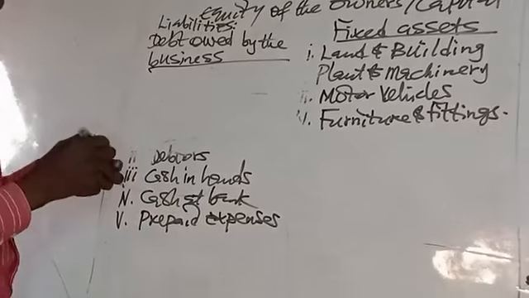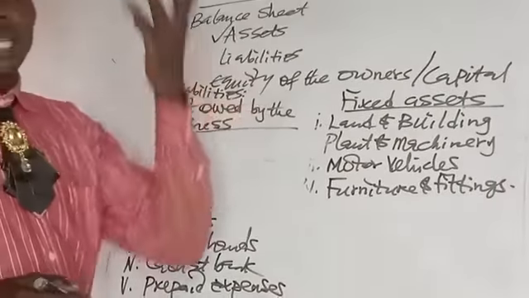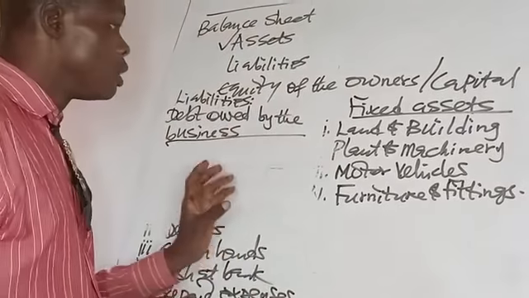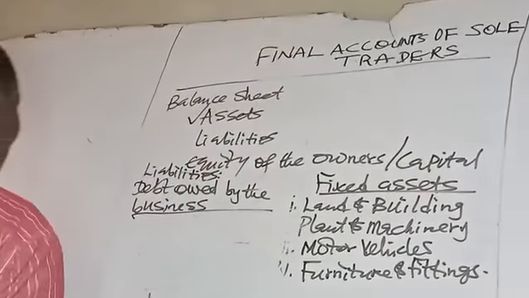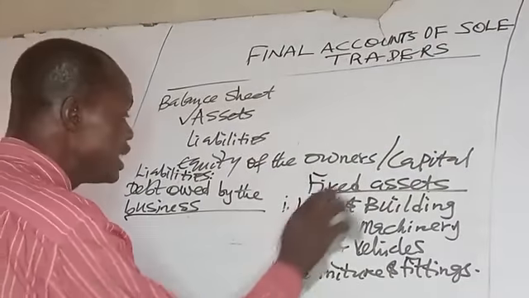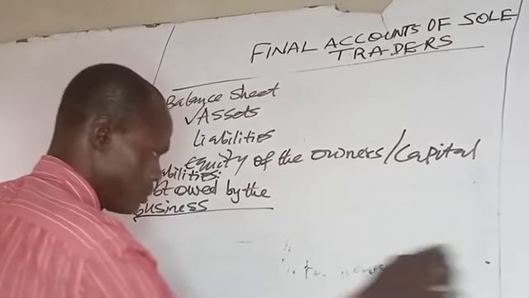Some of these debts the business is expected to pay within a year. Some will take a long period before they can be repaid. Those debts that the business is expected to pay back within a year, we call them current liabilities.